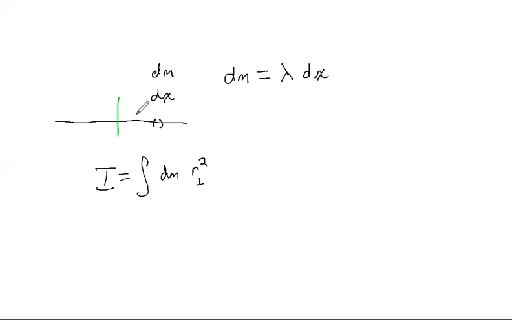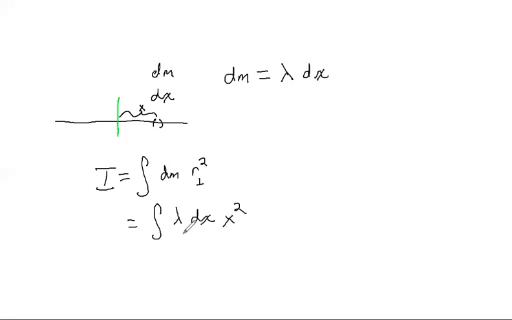For a generic element, r perpendicular is nothing other than x, the displacement along the x-axis, because I've aligned the shape with the x-axis. So I can turn this integral formula into an integral where I substitute in for dm, lambda times dx, and r perpendicular is nothing other than x squared.